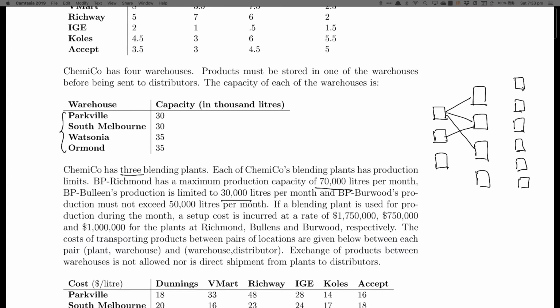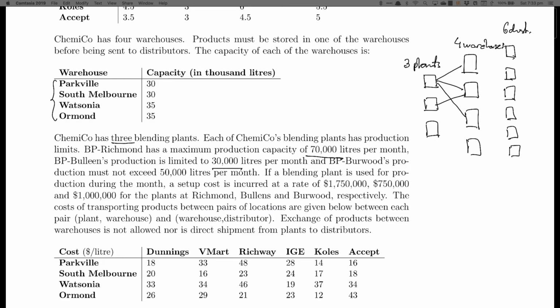So here we have our 3 plants, 4 warehouses, and 6 distributors. Your goal is to minimize the combined cost of production and distribution.